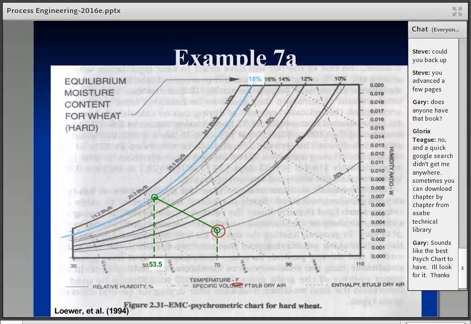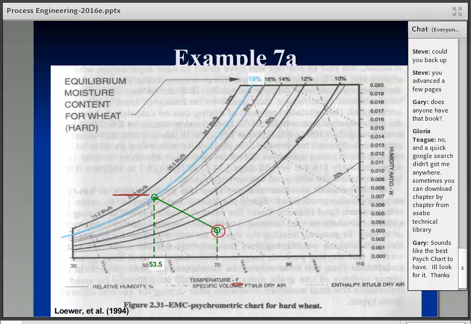We follow a constant wet bulb line, as you can see, up to here. That's a constant wet bulb line until we're in equilibrium with 18% moisture. Wheat was specified in the problem at 18%. So early in the process, the top of the grain is still completely wet at 18%. The exit conditions are going to be in equilibrium with 18%.